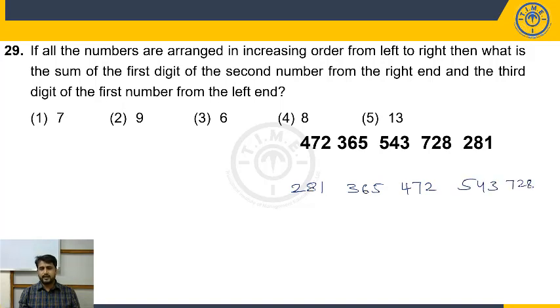It may take a maximum of 5 to 10 seconds to write. And the first digit of the second number from the right hand, the second number from the right hand is 543 and the first digit is 5. And the third digit of the first number from the left hand, the first number from the left hand is 281 and the third digit is 1. And the sum of these two digits they are asking. So 1 plus 5 is equal to 6. Choice 3.